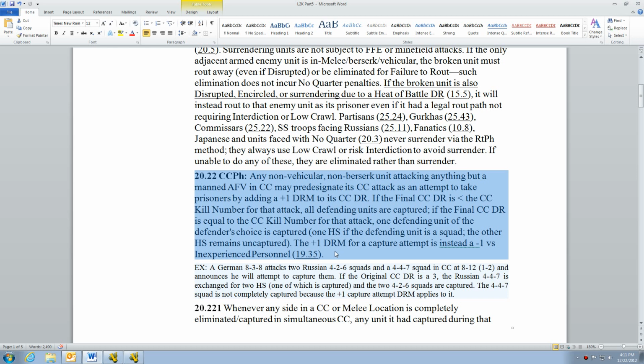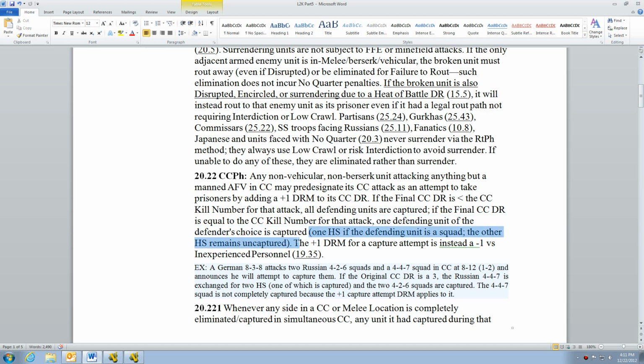You're going to add +1 to your die roll during your close combat, and if your final die roll is less than your close combat kill number, then all defending units are captured. If your final close combat die roll is equal to your kill number, one defending unit of the defender's choice is captured.